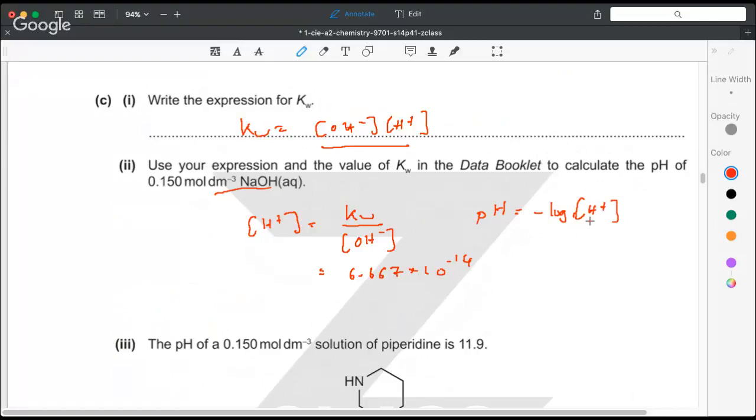So you punch into a calculator the logarithm of the hydrogen ion concentration, which is what we worked out there. You'll get a negative value for it, and you just times it by a negative value to give yourself a positive value, and you end up with a pH of about 13 in the calculator. And pH values are normally expressed to one decimal place, so you'd express that as 13.2 is the pH.